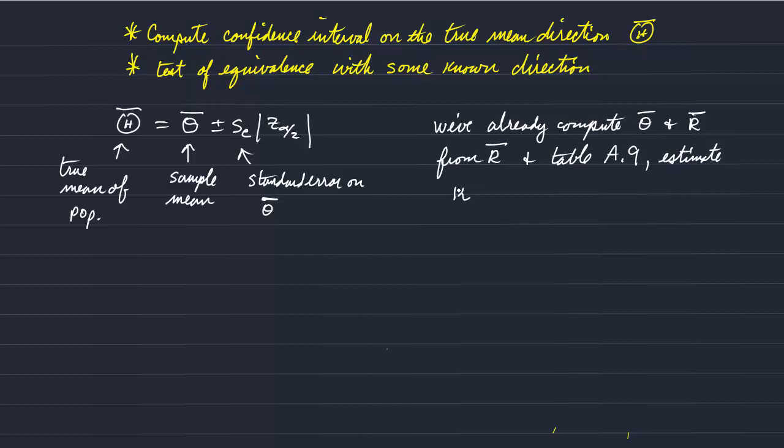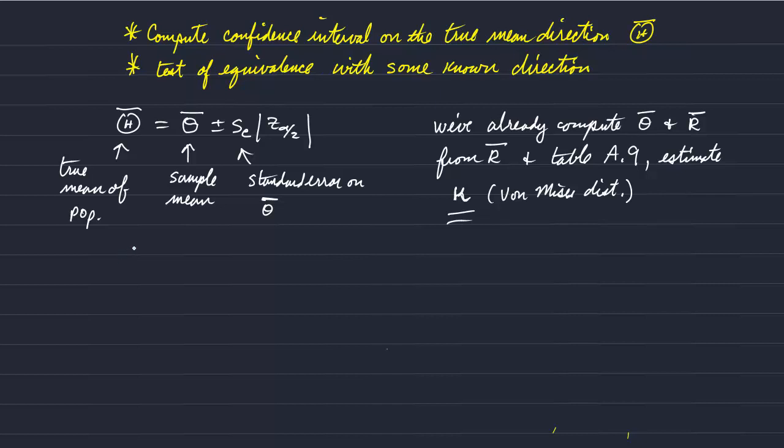Again, remember that our bar is a measure of the variance of the sample, and from the variance of the sample, we can estimate the variance of the population using the von Mises distribution. And the variance of the population, or the von Mises distribution, again, was described by the concentration parameter kappa.